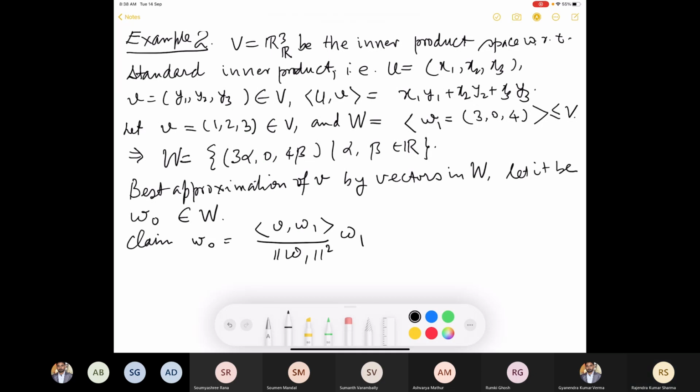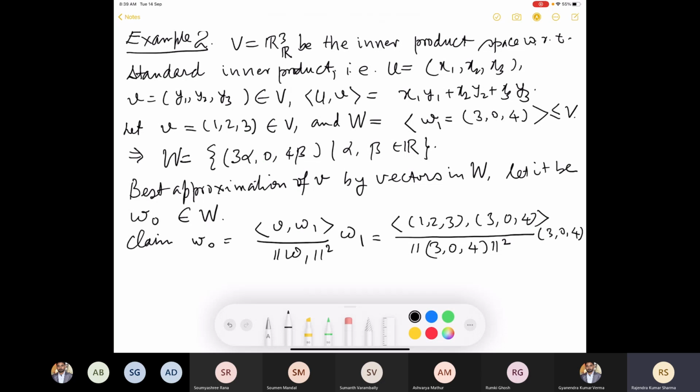W1 is 3, 0, 4. That's what you need here. So these are the calculations you have to do: inner product of 1, 2, 3 with 3, 0, 4, then norm square of W1, which is 3, 0, 4. This is the coefficient of 3, 0, 4.